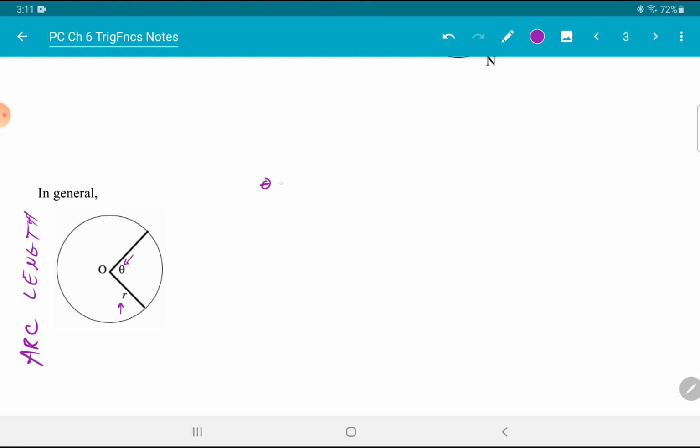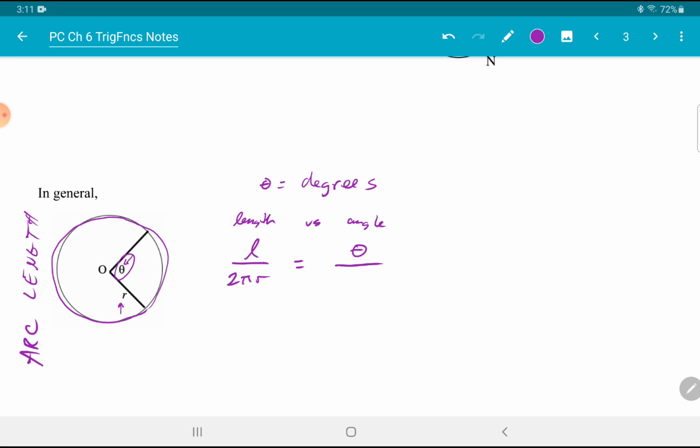If we're given theta in terms of degrees, then again, think about it as proportion. You're comparing length versus angle. And when you do that, you're basically saying the arc length, the part over an entire circle's distance, length around a circle, which is circumference, 2 pi r, is equal to the part of the angle, which we represent as theta, over an entire circle's angle measurement.